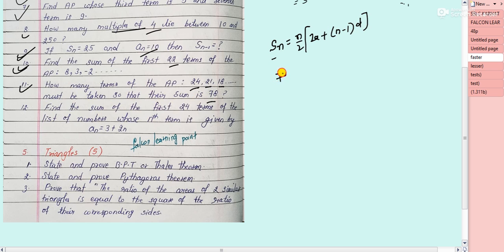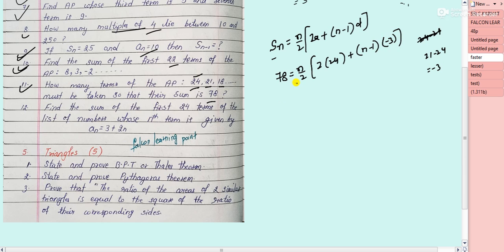How much? 78. We need to find the value of n. Okay, so the first term is 24, correct, plus n we don't know, minus 1, and what is d? d is a2 minus a1. So it is 21 minus 24, correct? So minus 3. d is minus 3.